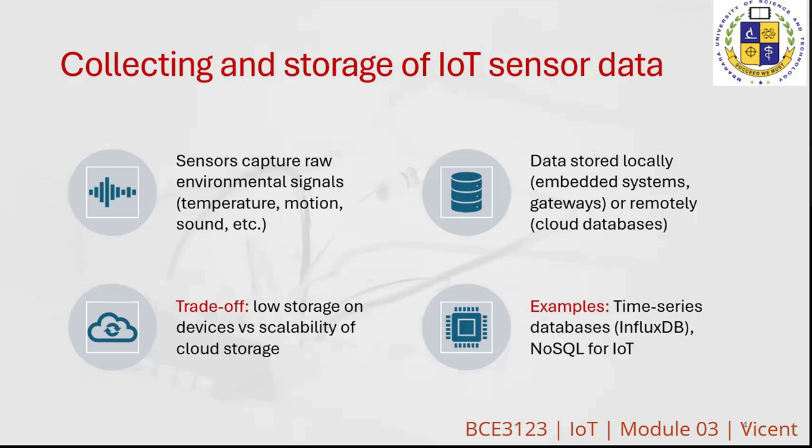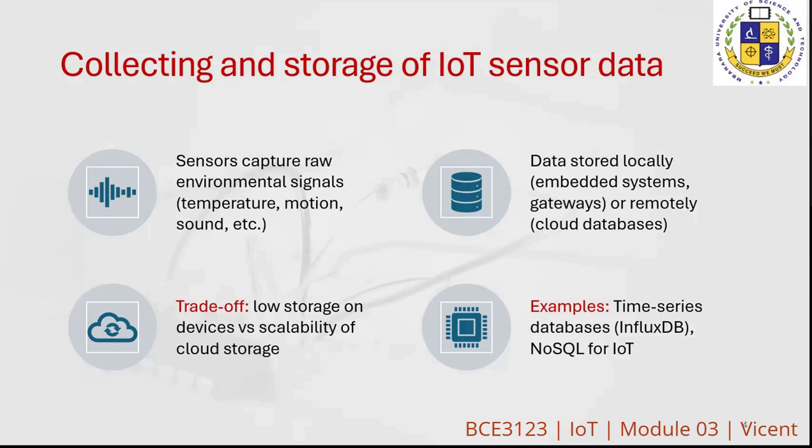So the choice is yours. That is local storage, and then there is remote cloud storage. There are databases that you can use, for example InfluxDB, Firebase, AWS, DynamoDB. These are databases that you can subscribe to and use to store your data remotely.